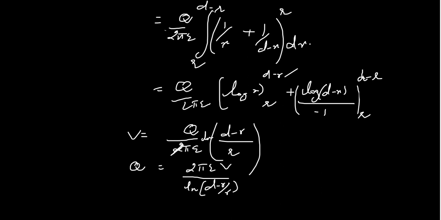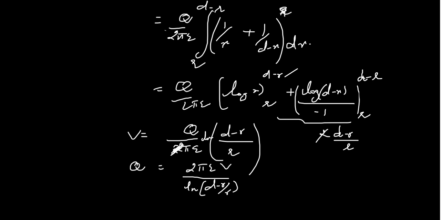In the next step, we apply this: log x from r to d minus r, and then log of d minus x by minus 1 from r to d minus r. So after substitution you will get the value like this, that is 2 log of d minus r by r. Okay, so this 2 and this 2 will get cancelled, so there is no 2 here.